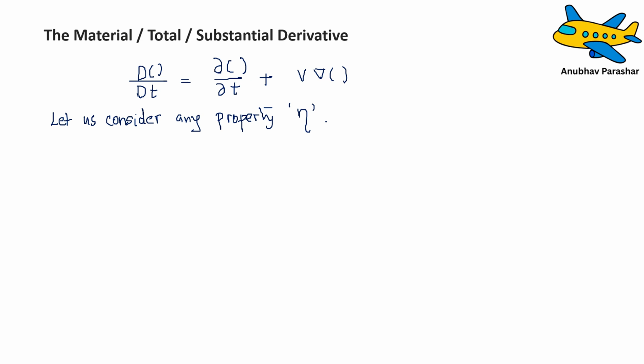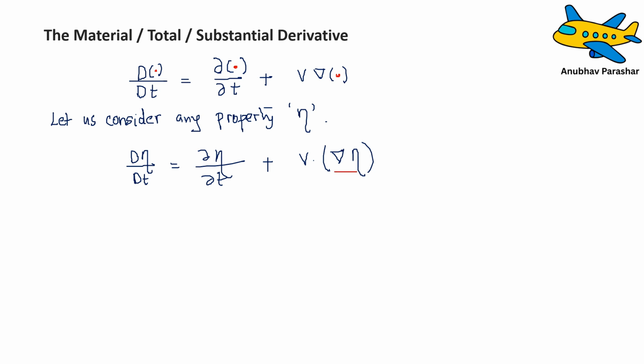So we are going to substitute this eta here. If you substitute the value of eta, it simply becomes D eta by Dt. Now you'll ask why we are writing it in capital letters. Don't worry, you will understand it in some time. It is del eta by del t plus V dot del operator into eta. You'll say I still don't understand it. Don't worry, we are now going to get into more depth to make it very simple for you.